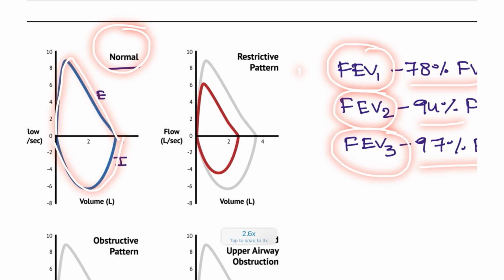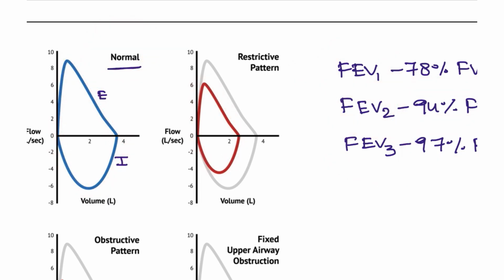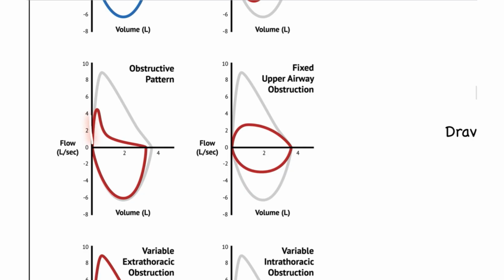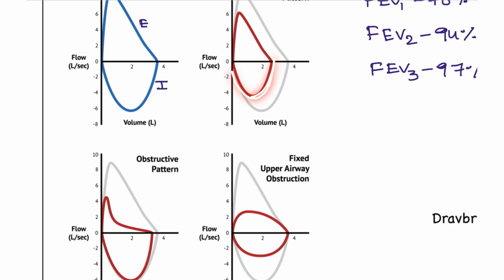Okay, if it is a restrictive disease such as pulmonary fibrosis, the pattern will be decreased because the air cannot come into the fibrotic lung, right? So there will be decreased expiration at the functional capacities. Next, in the obstructive pattern, you are going to see the expiration is damaged more, whereas in the restrictive, the inspiration is much affected.